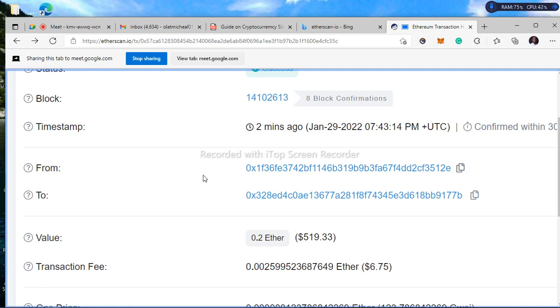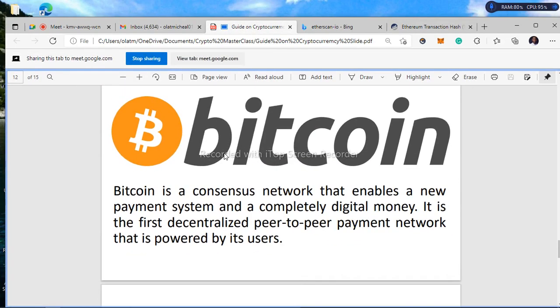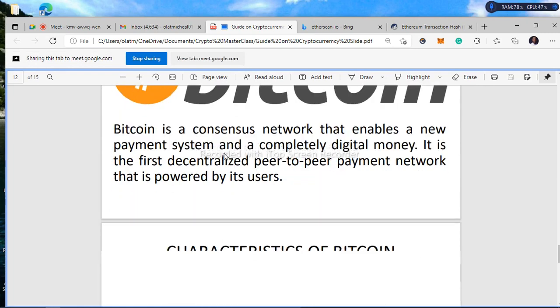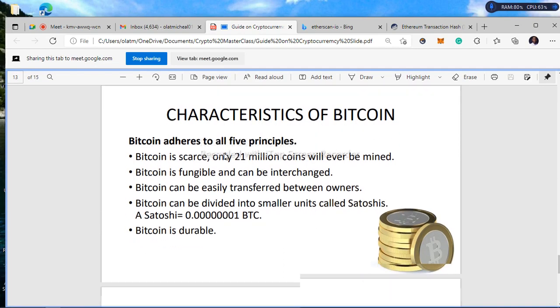But in our traditional system, when I send from my account, the bank has to authorize the transaction and move it to the other person's account, especially when you're using a different bank entirely. So Bitcoin comes as a form of peer to peer, that means person to person. That's why it's a form of money that you can easily use and adopt, and why we say that the adoption of Bitcoin is so wide.